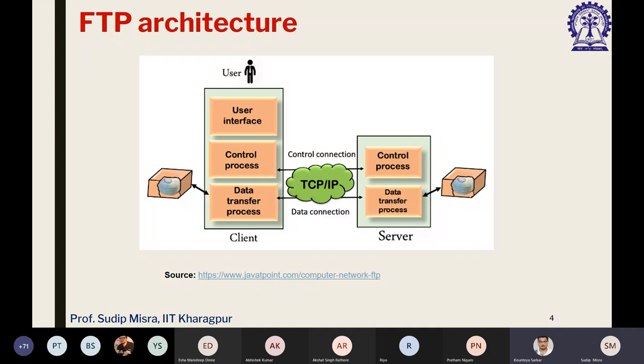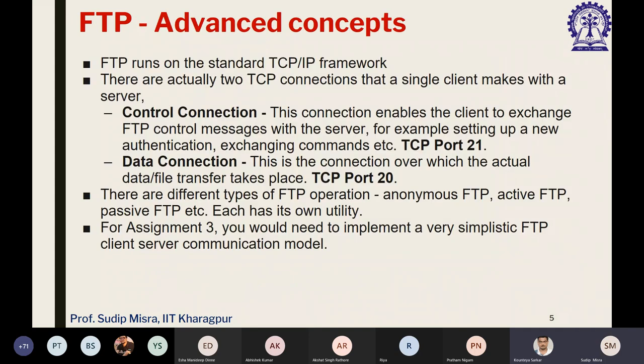Separate ports are there for the control processes and the data processes: a separate control connection and a separate data connection. This is what the original FTP does. What we have asked you to do is a simplified version of it, which I will tell you about later on.